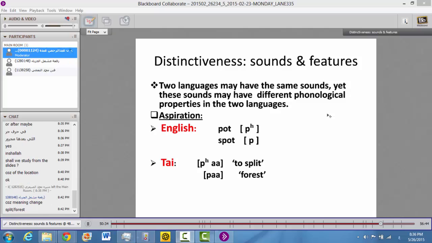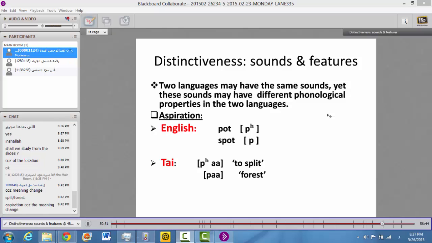One is produced with the puff of air, and the other one without. So by merely producing a puff of air while producing this sound, you are giving a different word. So aspiration here, we can say it's a distinctive feature in Thai, but not in English.